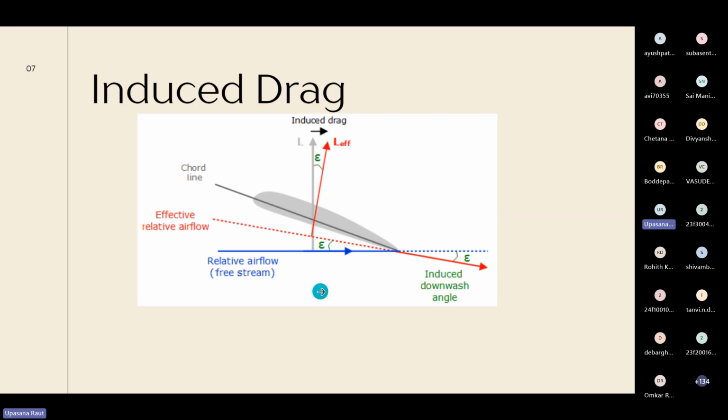Now the effective lift would tilt a bit by the angle of epsilon, and if we resolve it through the original shape of the airfoil, it will create something called induced drag. If we resolve it here and here, then it will contribute more to the drag. This drag is called induced drag, and this induced drag is caused by lift itself.